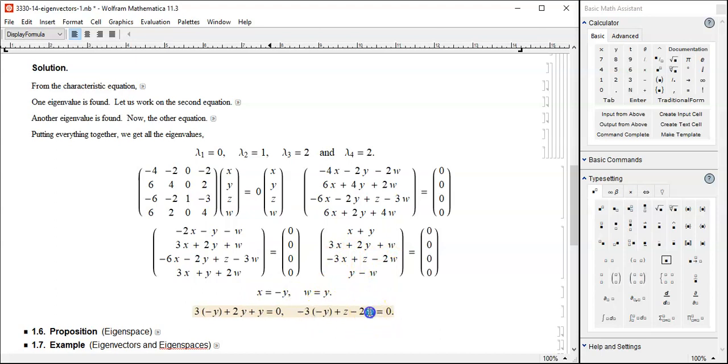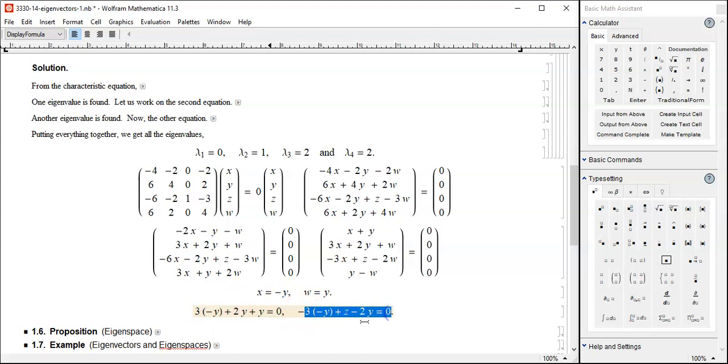And then w is equal to y. And this one will not give you much. Negative 3y plus 3y is equal to 0. So we get 0 equal to 0. That's trivial.